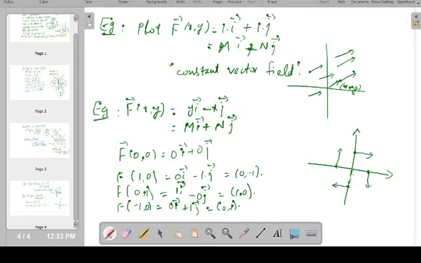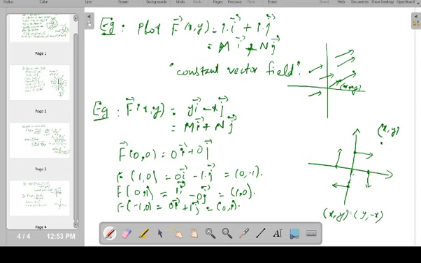What about an arbitrary point? Suppose I am taking an arbitrary point x comma y here. That is the input point. And what is the output? It is y comma minus x. This is the input vector x comma y, and the output vector is y comma minus x.